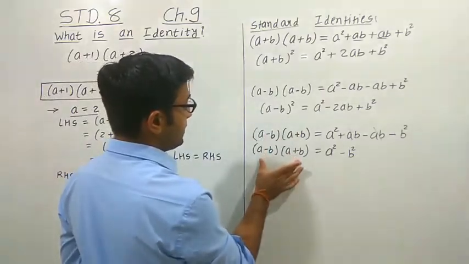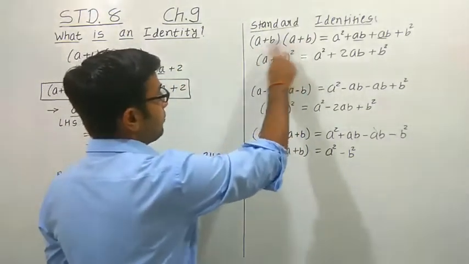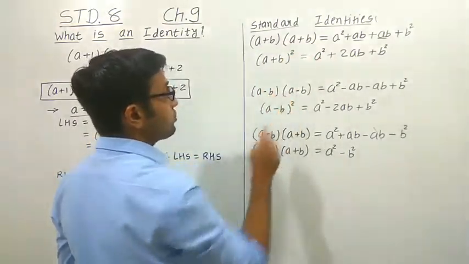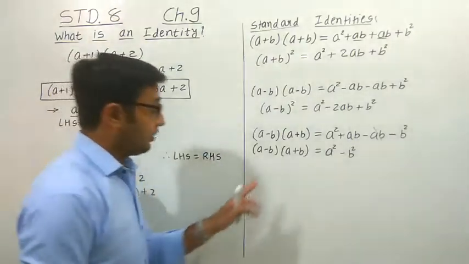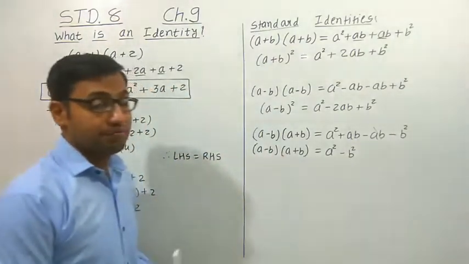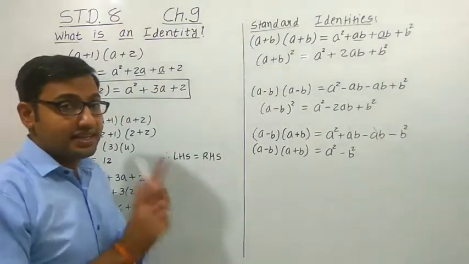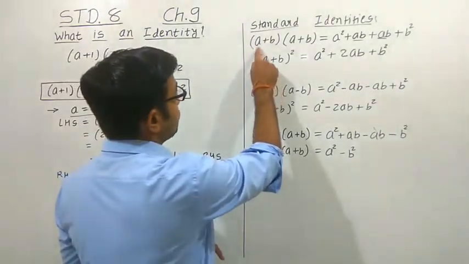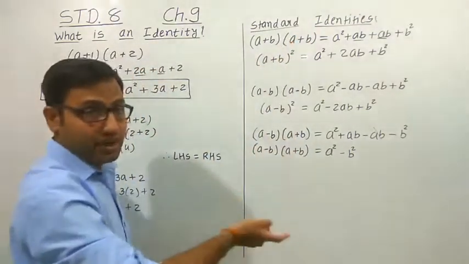This identity is different from both these identities. Here both the brackets have positive sign, here both the brackets have the negative sign, but here both the brackets have different signs. One is negative, one is positive. But one thing you have to keep in mind in all the three identities is that whatever the first value here, it must be the first value in the second bracket.